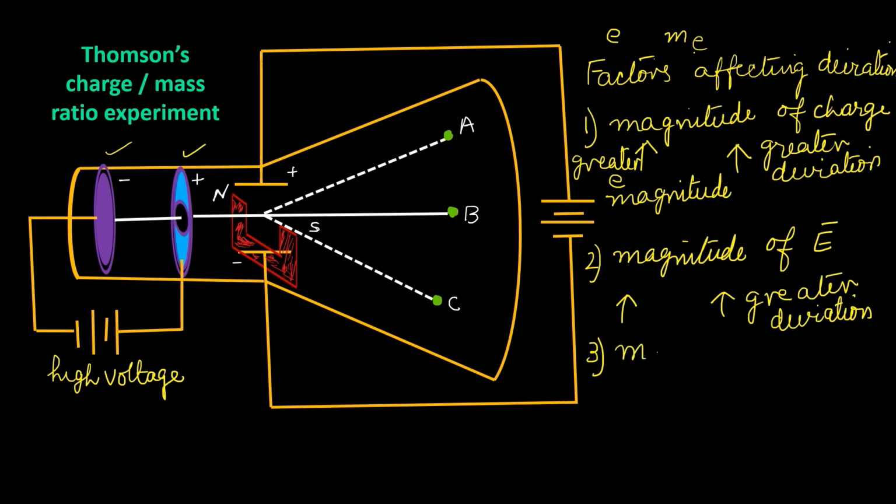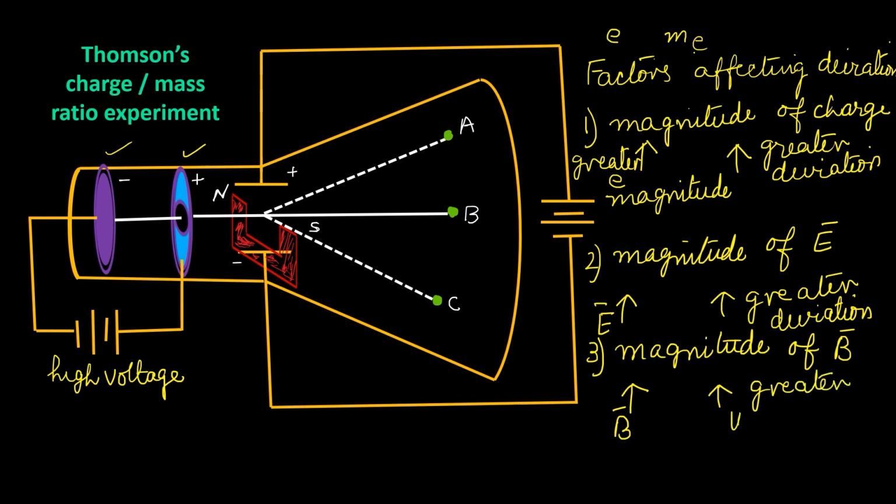It also depended upon the magnitude of the magnetic field. The symbol of magnetic field is B. When the magnetic field was increased, the deviation was also greater.